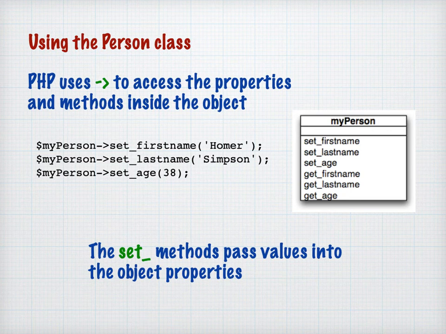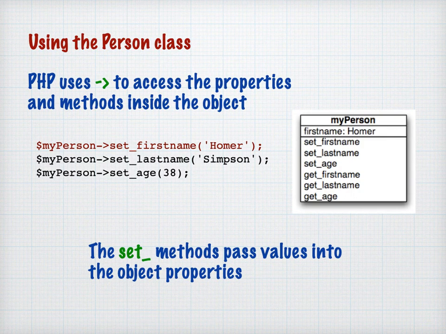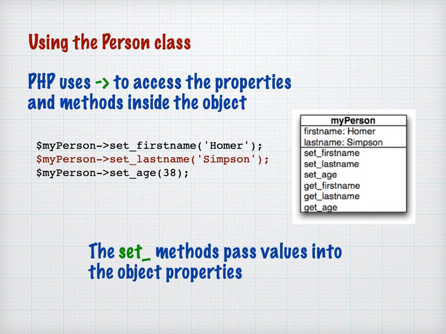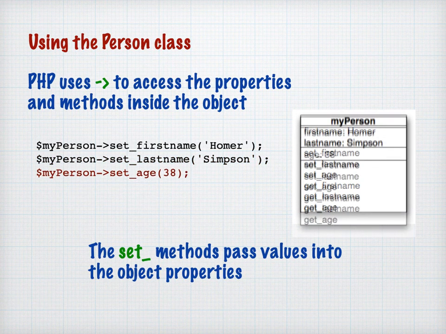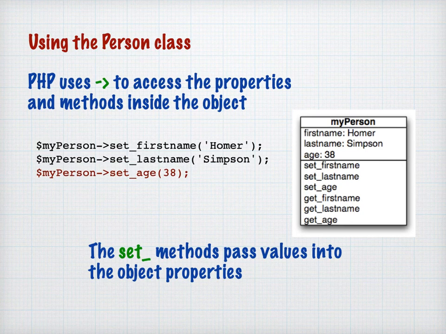So you could imagine that what happens is when set first name runs, Homer actually is pushed into the object. Set last name Simpson pushes last name in, and then set age sort of pushes in that age of 38. Just like that.